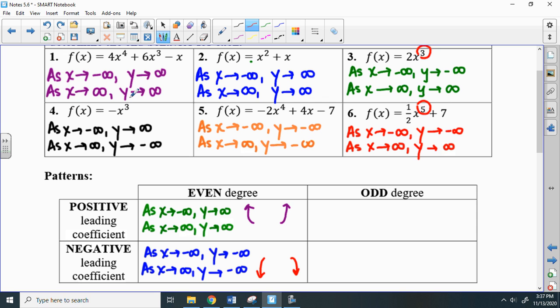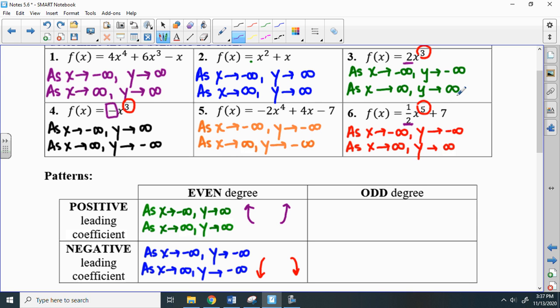So I've got 3 of those, and you'll notice that if we look at their coefficients, some of them are positive and some of them are negative. We have two right here that are odd and they have positive coefficients.